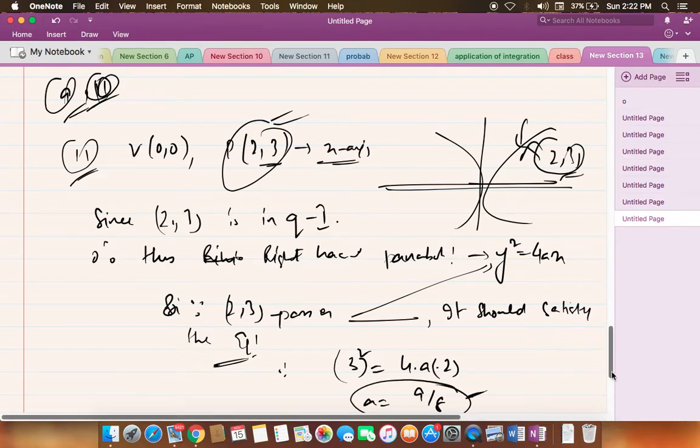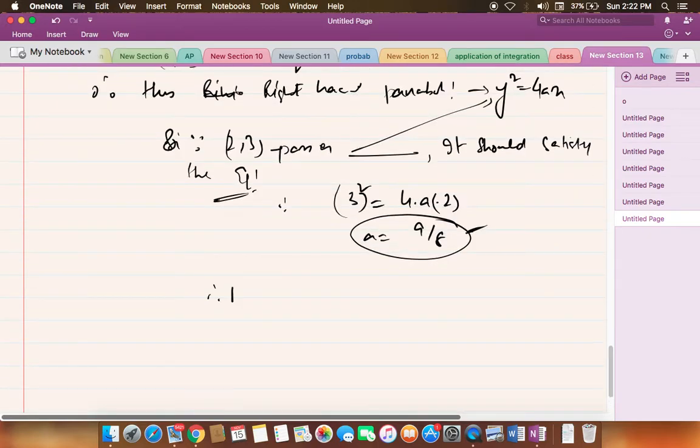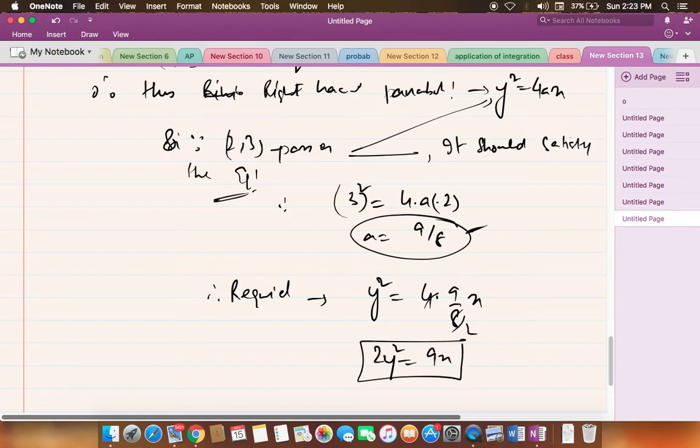This is the value of a, therefore the required equation is y square equals 4 into 9 by 8 into x, that is 2y square equals 9x, which is the required equation of the parabola. I hope this numerical is clear to you.